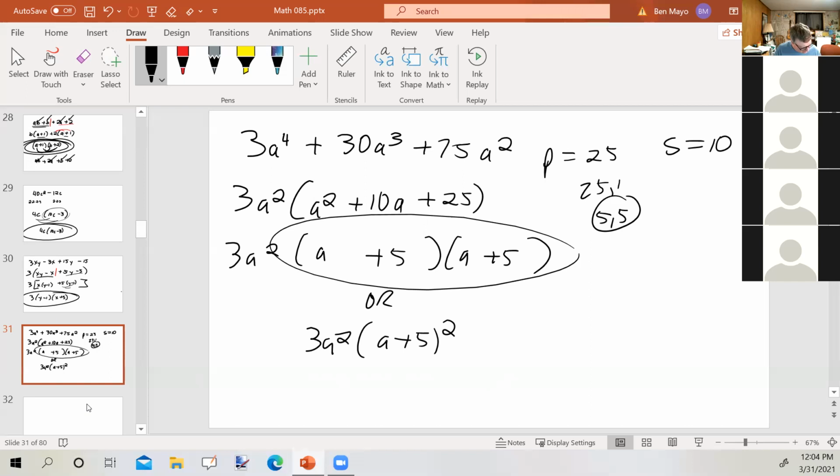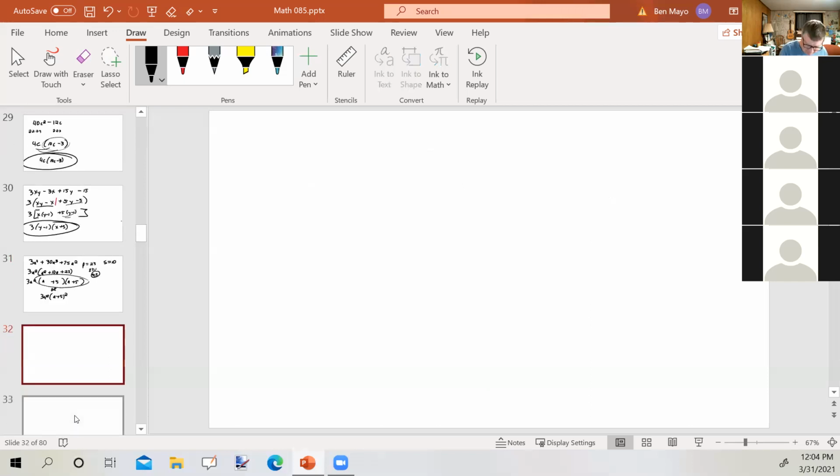Okay, let's see here. Let's take a look at this one. Negative 3a plus a squared plus 2. What's wrong with this problem? It's not in descending power. Correct.